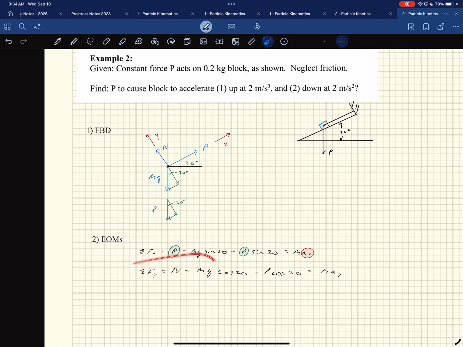The y direction, right? Things that we don't know here: I don't know the normal force. I know the mg. I don't know the P. What about this ay? What's ay? Zero. It's not coming off that ramp.